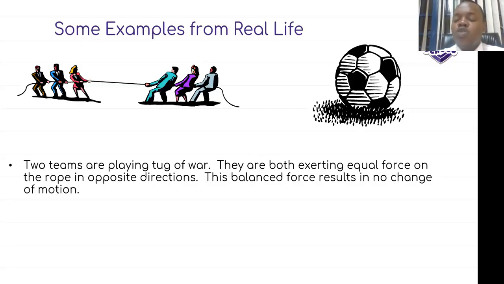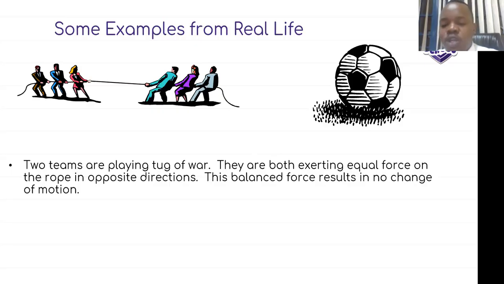For example, when you kick it horizontally, the vertical forces, meaning the normal force as well as the force of gravity, which are acting vertically, upward and downward, are balanced, and the object is moving on the grass. Let us assume now that the applied force is greater than the frictional force that the ball is experiencing.